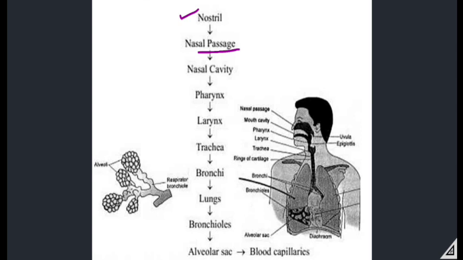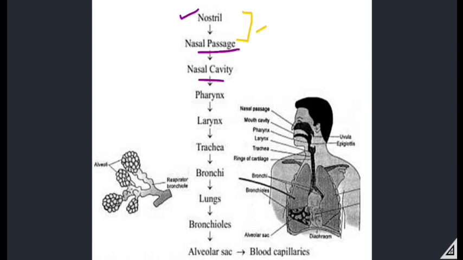After the nostril, your air passes through the nasal passage. Nasal passage is the central part of the nose, right? This central part is a narrow structure after the openings on the nose. So that opening is followed by a hollow rod-like pathway that is called your nasal passage.